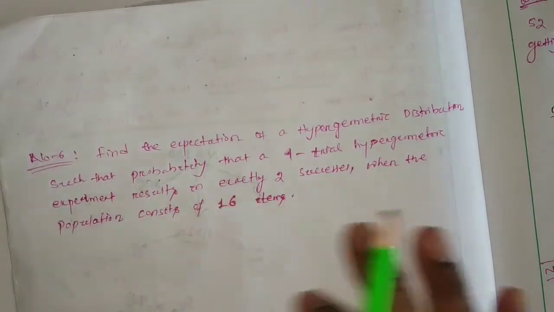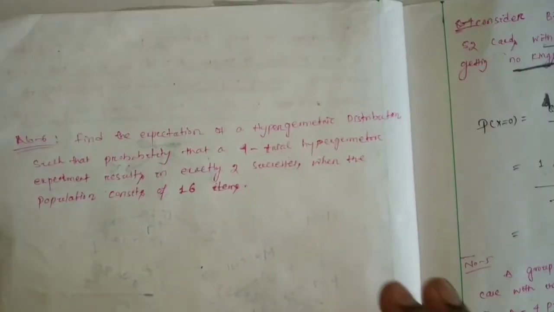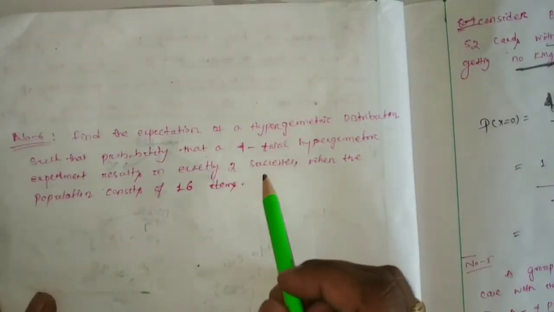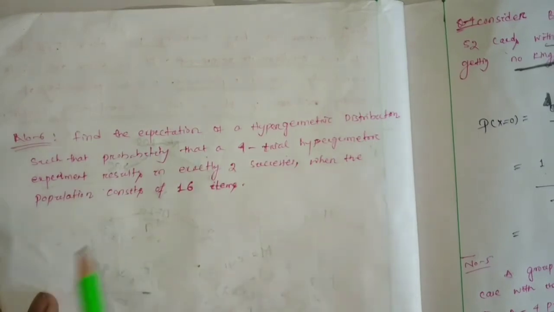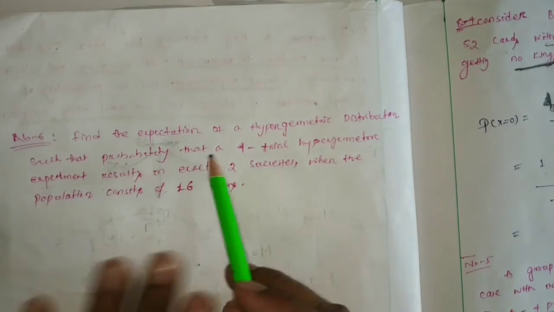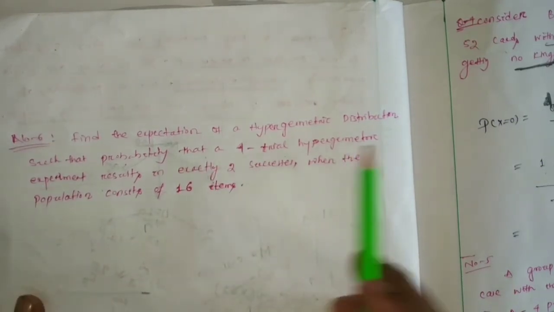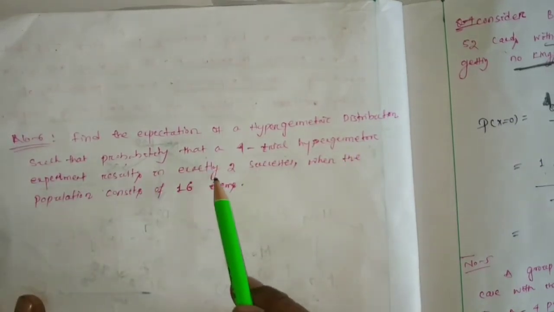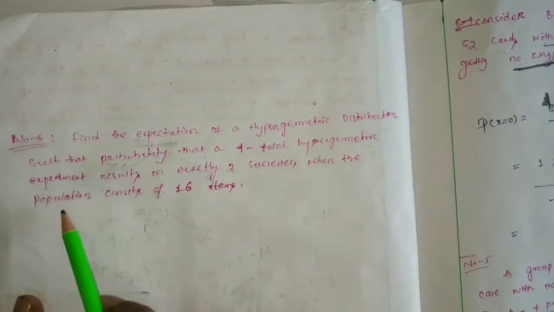Okay, now we go to the last question: find the expectation of the hypergeometric distribution, given that a 4 trial hypergeometric experiment results in exactly 2 successes when the population consists of 16 items.